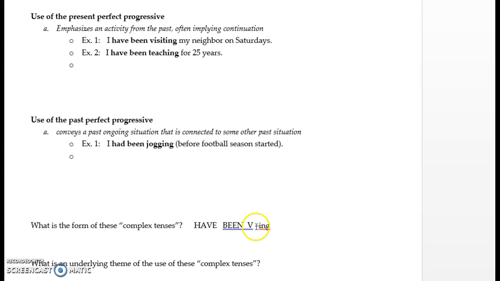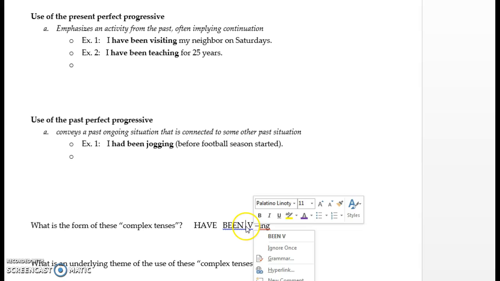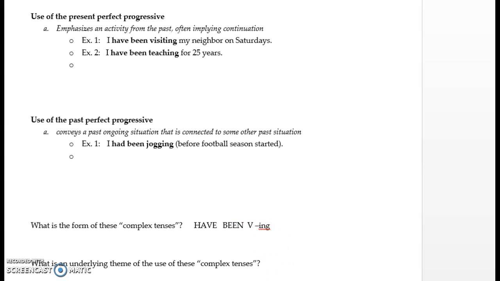And then it'll be the verb and the ing that's needed for the progressive aspect. So we have been verbing, and the tense, either present or past, will be on the first auxiliary.